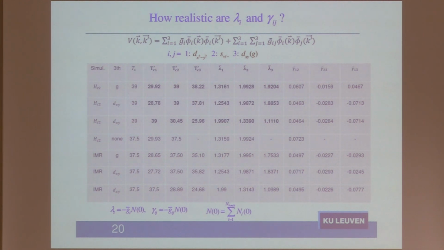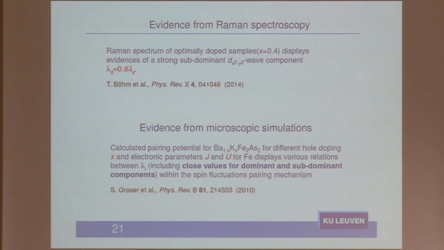So what is the support for this? There was some Raman spectroscopy, this is for optimal doping. And they found that the subdominant component, x square minus y square, is higher in energy, and has still 60% of lambda for the dominant component.